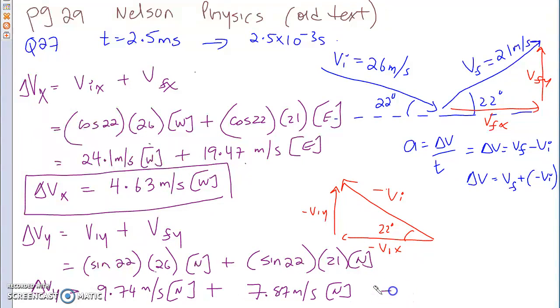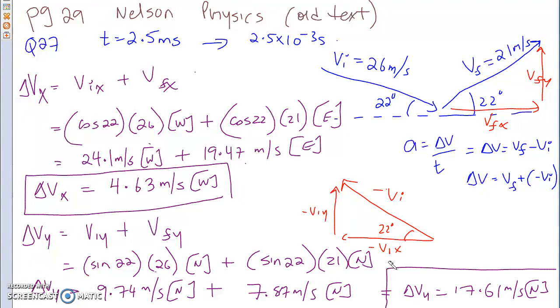We add the two together, and because both of them are north, you end up with 17.61 meters per second going north. So there's my vx and vy components.